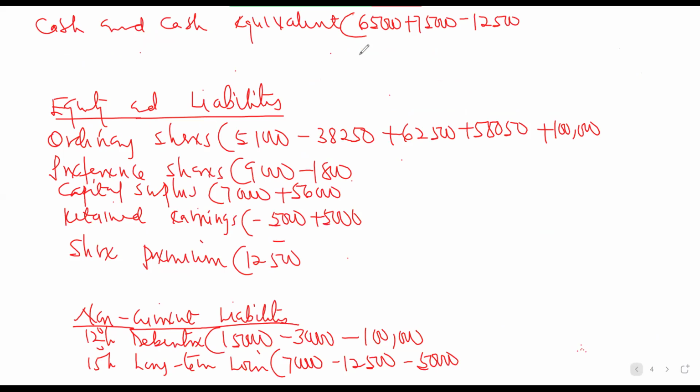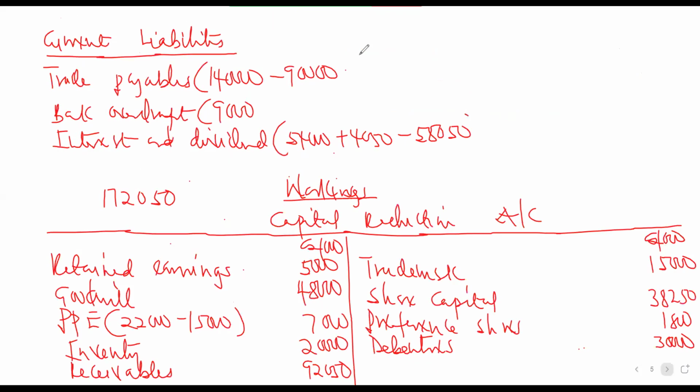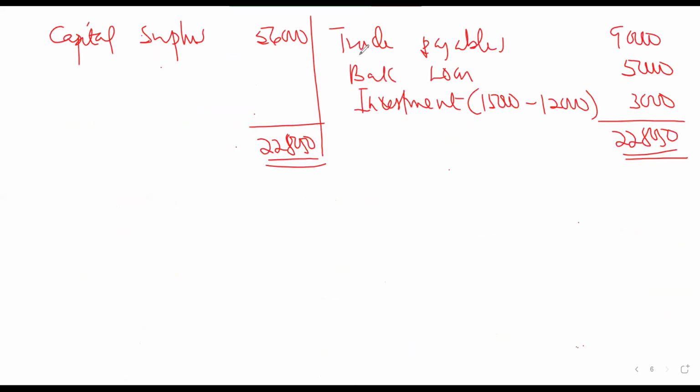Okay, can we put our figures now together? I thought you were saying the 70,000 capital surplus would have been written off against the retained earnings in the capital reduction account, if there is a loss. Okay. So if you write the 5,000 over here, the gain will be more than the 56,000.